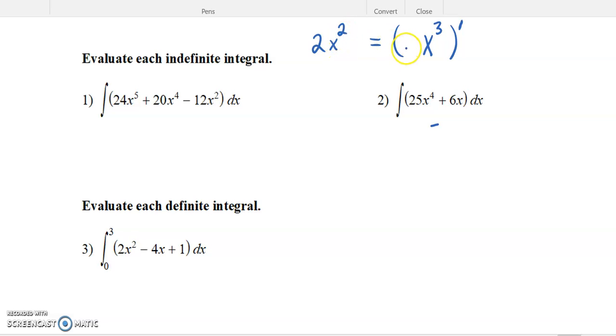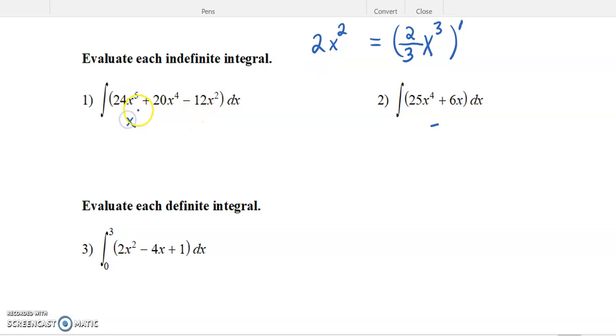But the easiest way to do that is to, instead of decreasing, increase the exponent, but then also divide that number by whatever exponent you increased it to. So in this case, it would be 3. Now you see if I took the derivative of this function, I'd bring that 3 down and it would reduce with the 3 in the denominator to be left with 2. So doing that in the first example here, you're doing it piece by piece.